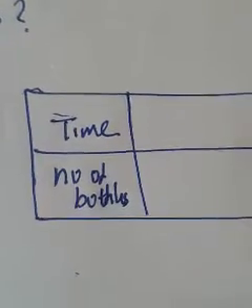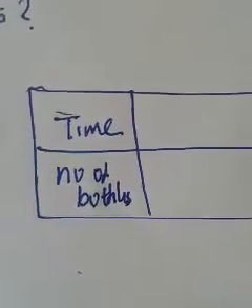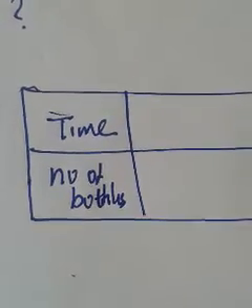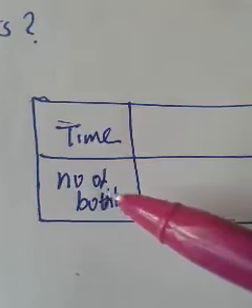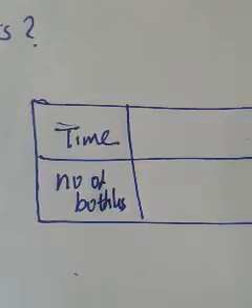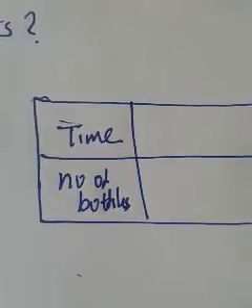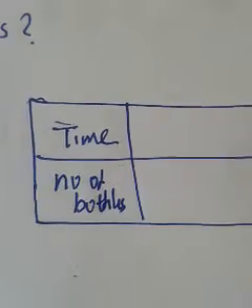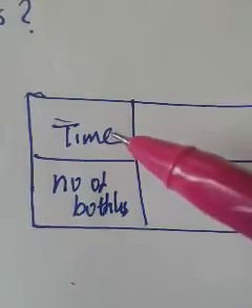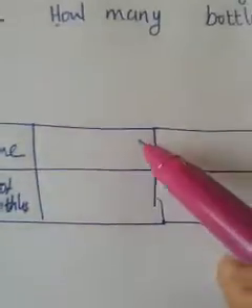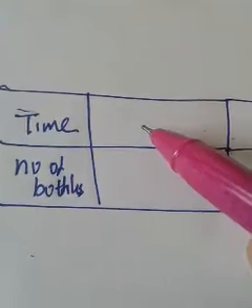Isn't it? The question is a comparison, or a relationship, between time and the number of bottles, because it is given that in 6 hours 840 bottles can be filled. That means 6 hours stands for time and 840 bottles means number of bottles. That's why I have mentioned that the question deals with time and number of bottles. Let me read the question once again.